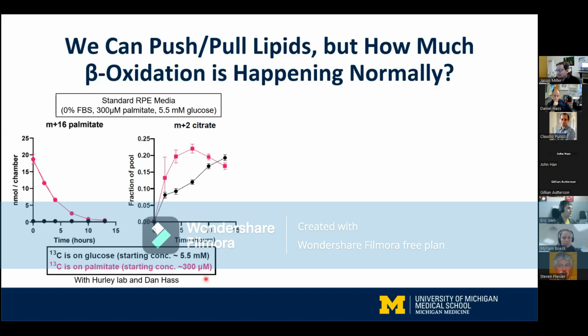These media were exactly the same otherwise, so it's just a matter of tracing where one label is going versus the other. As you can see, if we feed 300 micromolar palmitate to our cultures, the palmitate is rapidly consumed from the supernatant. It's gone by 13 hours.